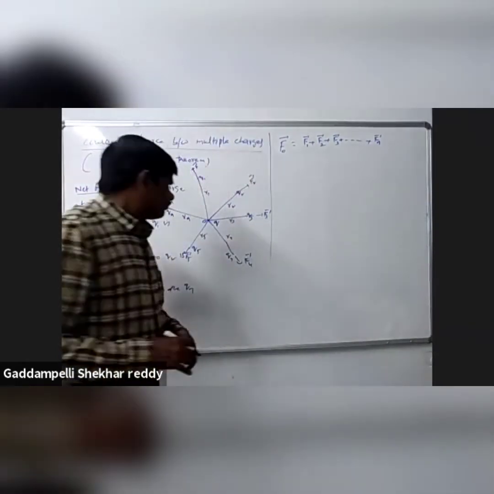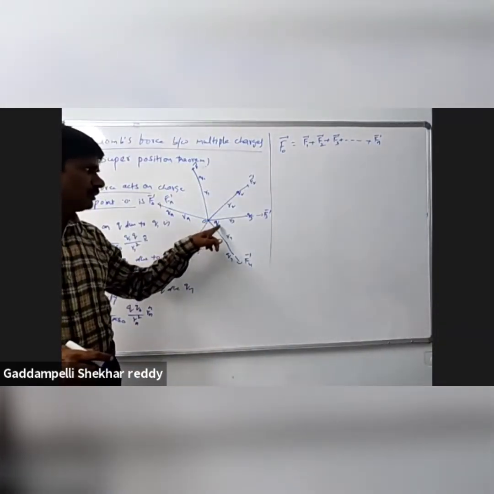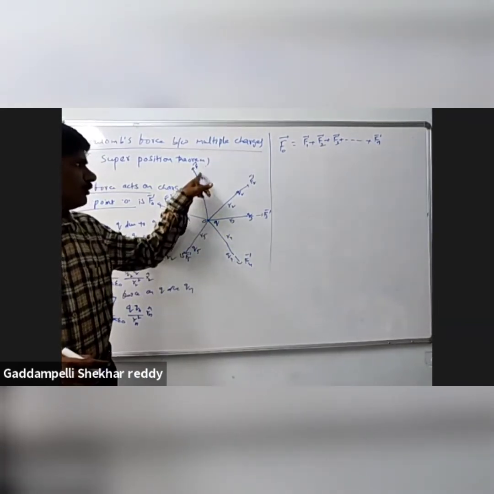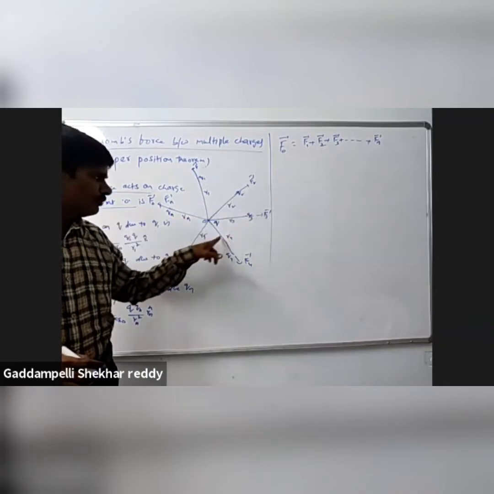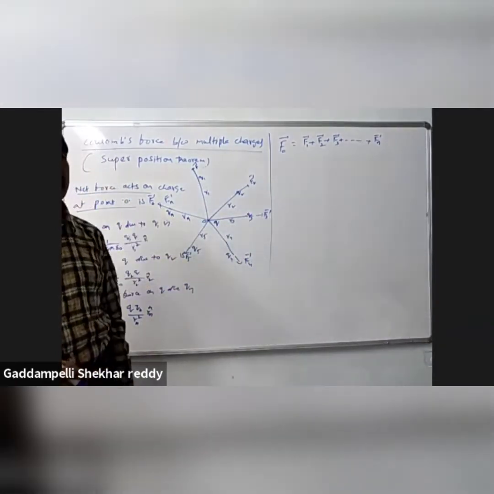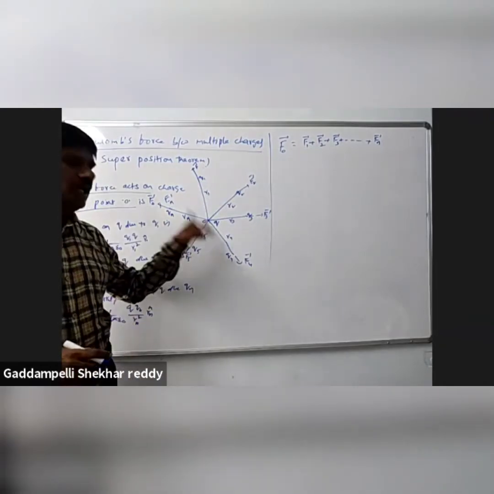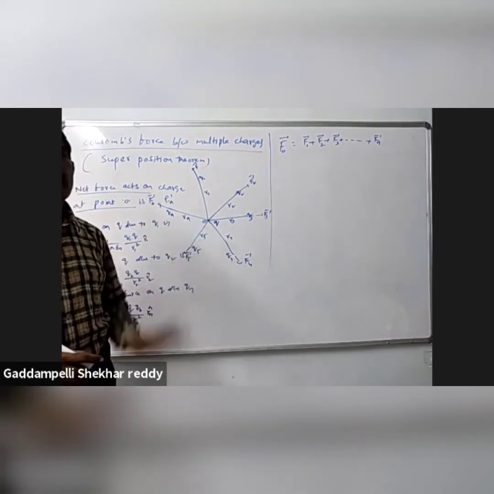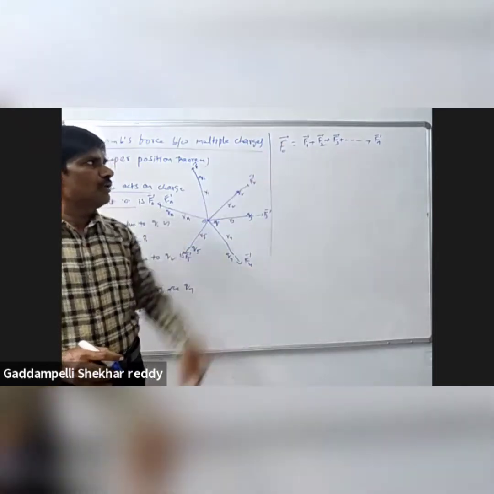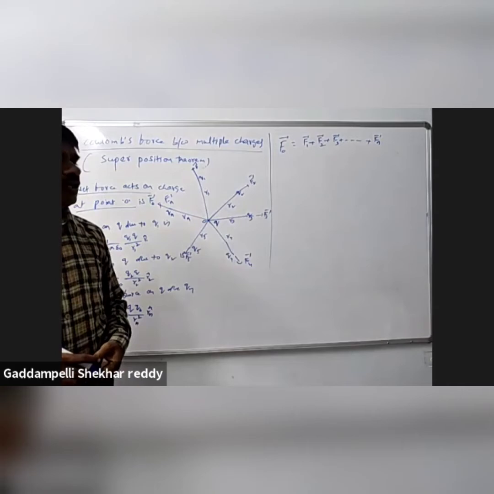What does that mean? Consider the force acting on charge Q at point O: force due to Q1, force due to Q2, Q3, Q4, Q5, and so on. The vector sum of all the forces is equal to the net force acting on the charge at point O. So F net is equal to F1 bar plus F2 bar plus F3 bar and so on plus Fn bar.